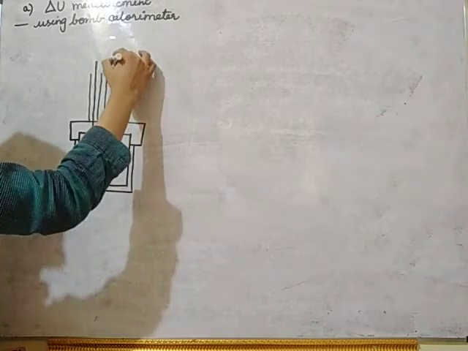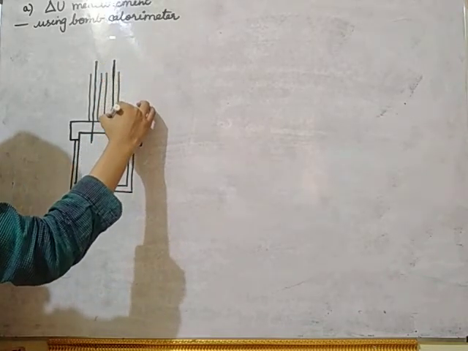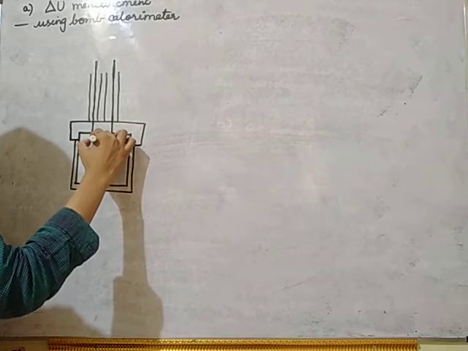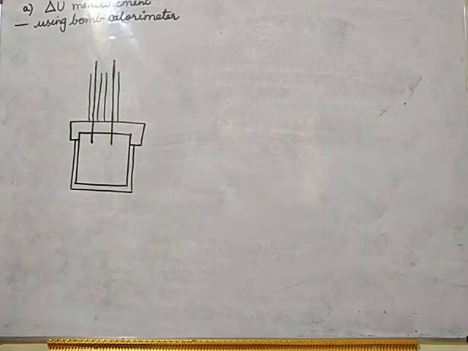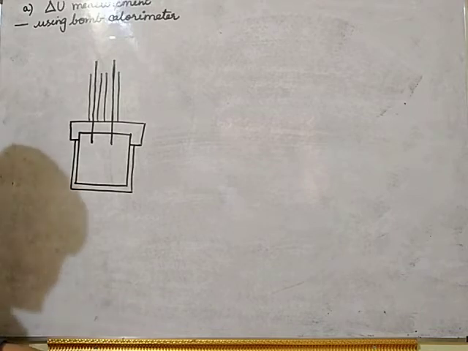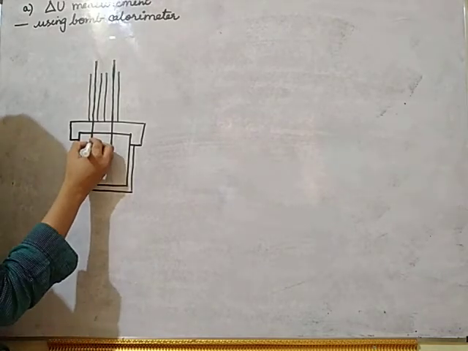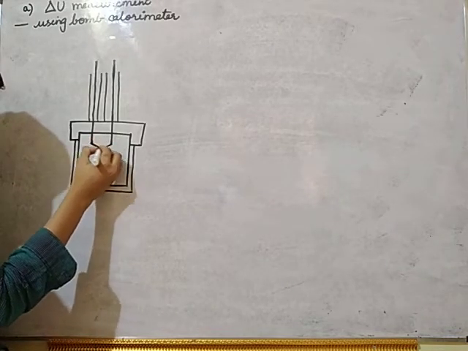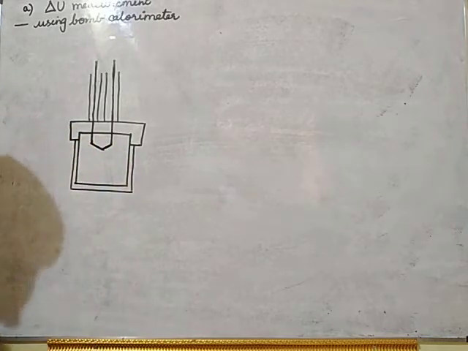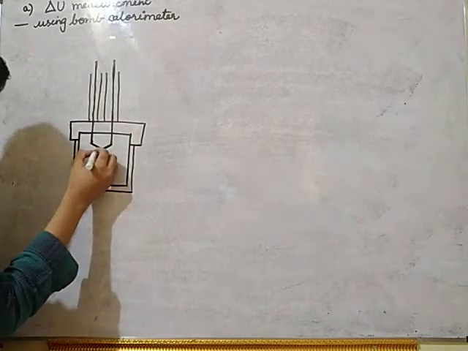In the state board book, the diagram is given very tediously. It is very big. So in the CBSE book, the diagram is very easy. You follow the diagram of the CBSE book, you will get marks.